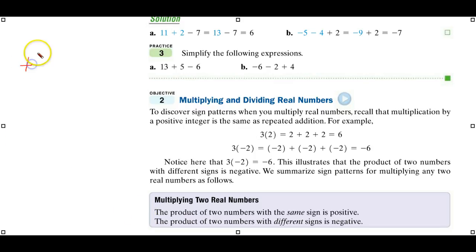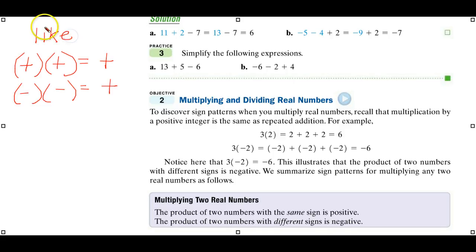Now, if you multiply a positive times a positive, the sign is going to be a positive. If you multiply a negative by a negative, the sign will be a positive. So from this we can pick up, if we multiply like signs, the results are positive.